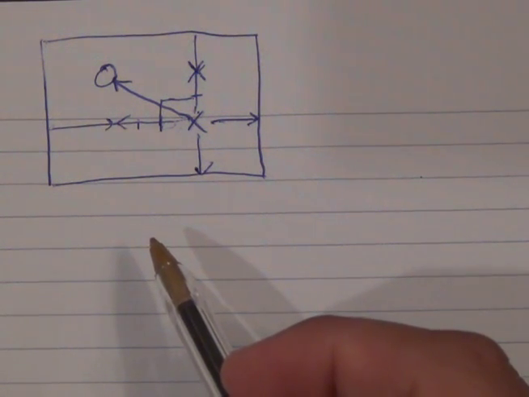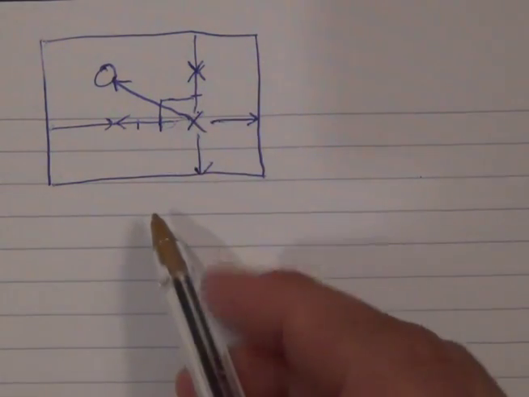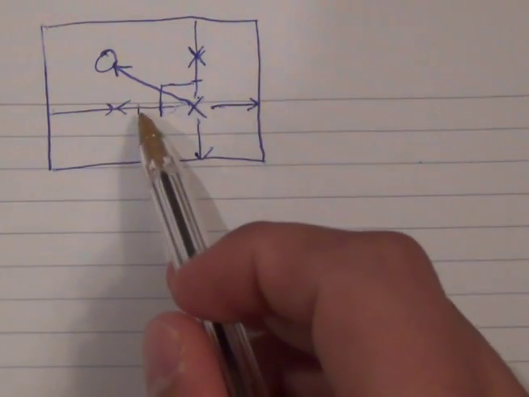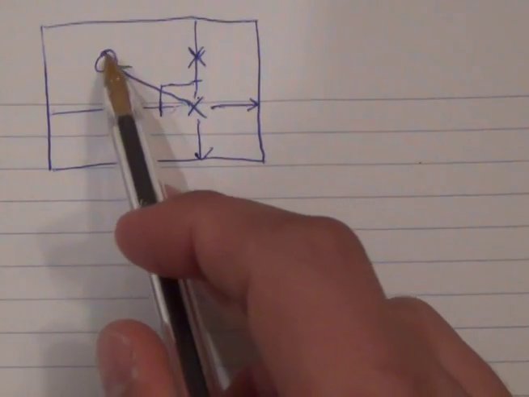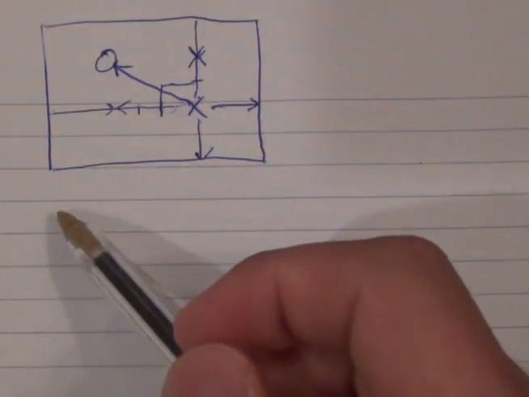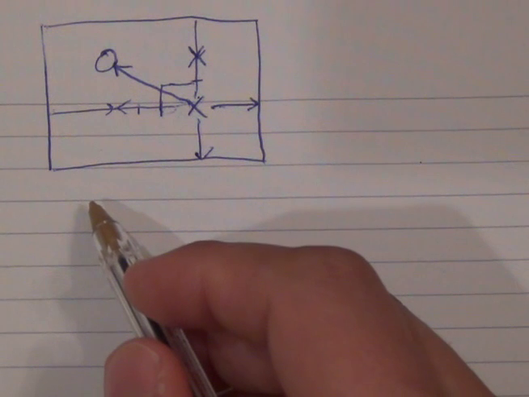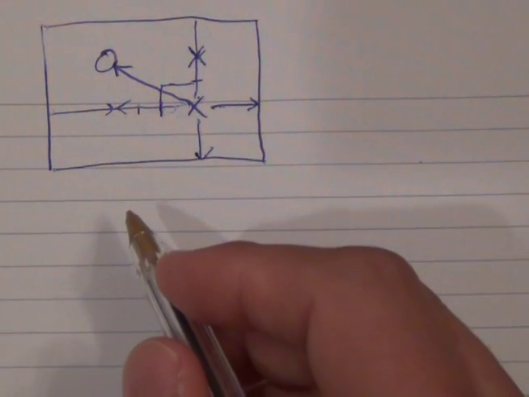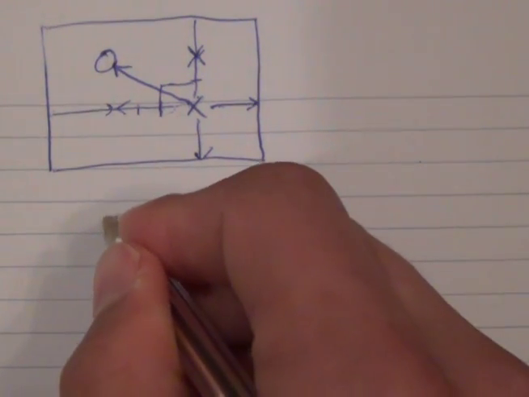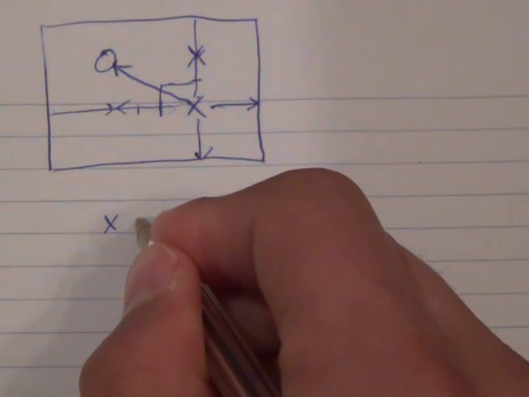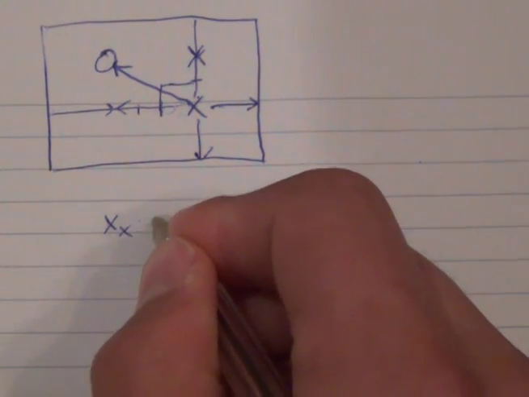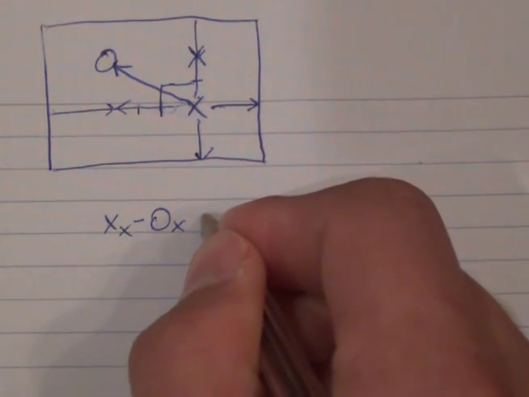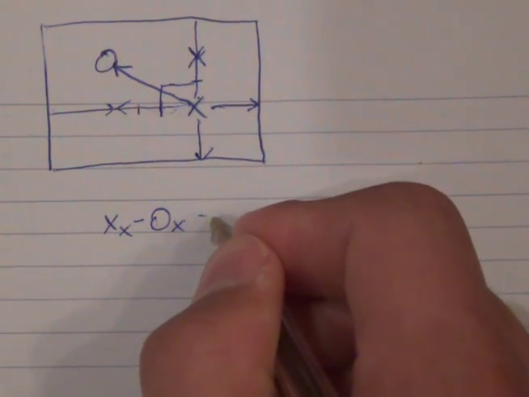So the way we're going to decide what our distance from the enemy is, we're actually going to subtract the coordinates. So if I take x's x and I subtract O's x, then I'm going to get some difference, some distance between them.